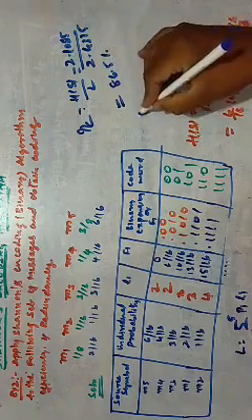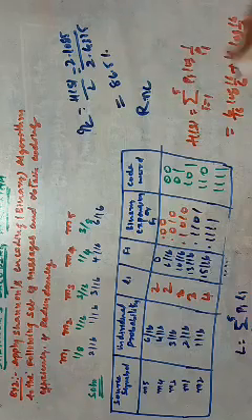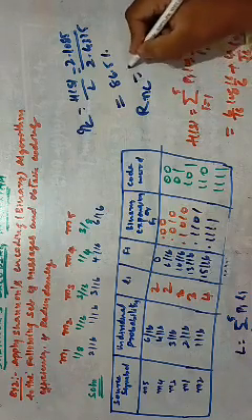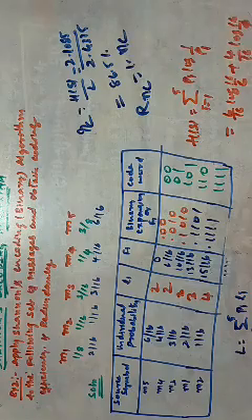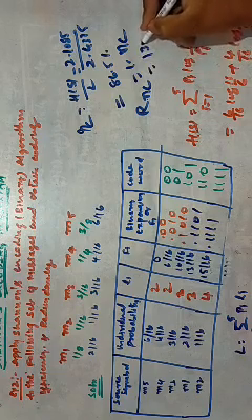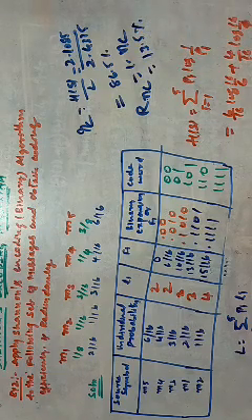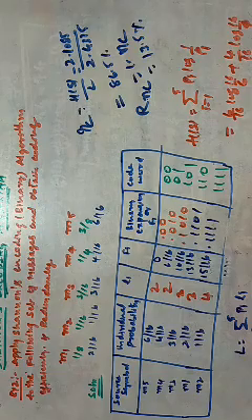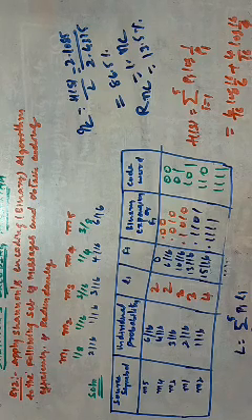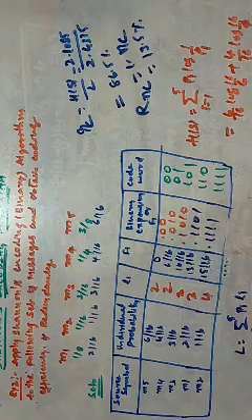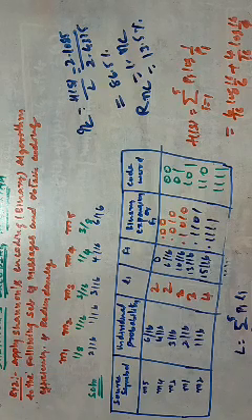And the redundancy, R eta C, is equal to 1 minus eta C, 1 minus efficiency, that is 13.5%. From this coding technique, we achieve 86.5% efficiency and 13.5% redundancy. We will continue with some more problems in the next sessions. Thank you.